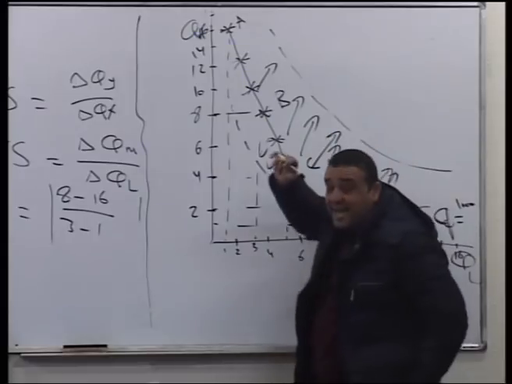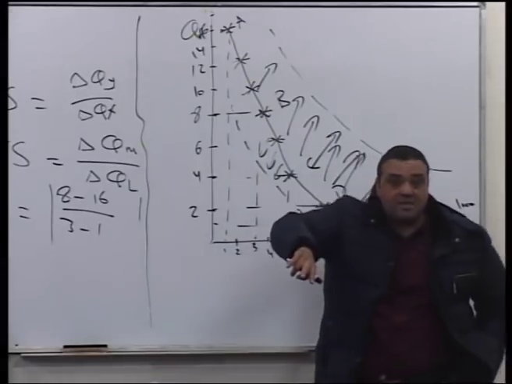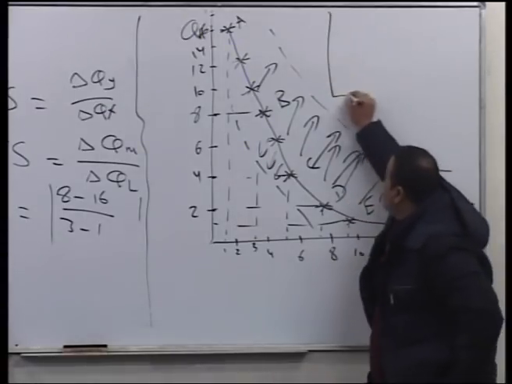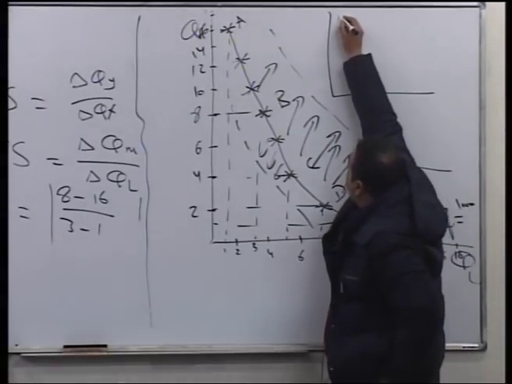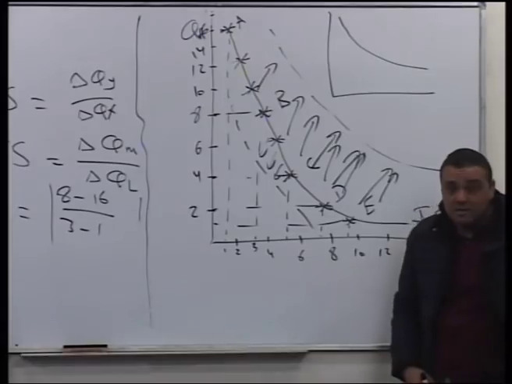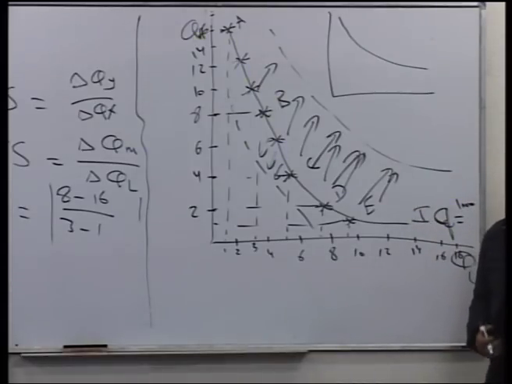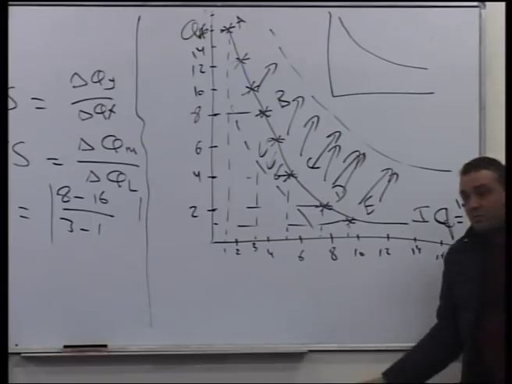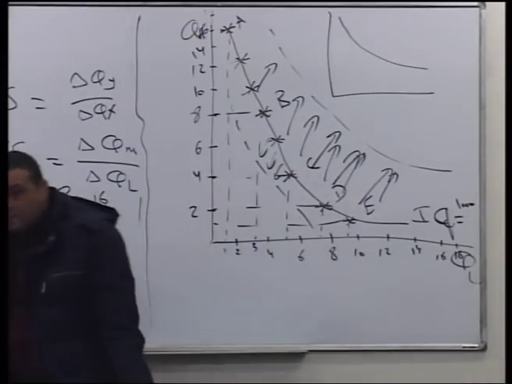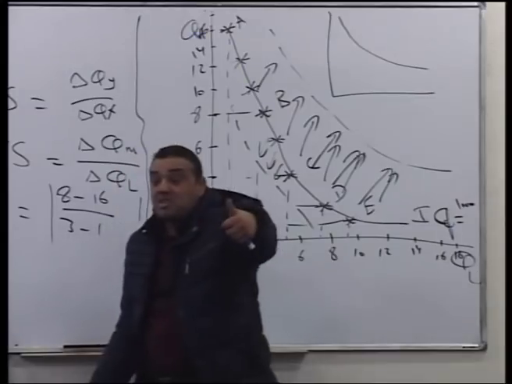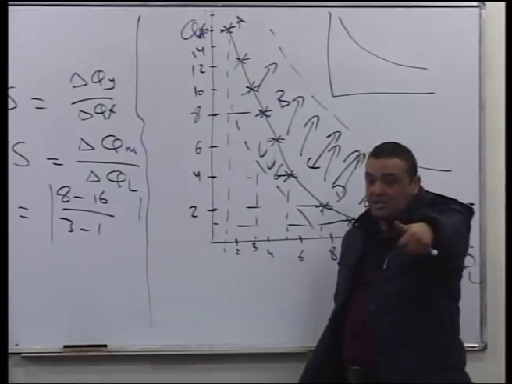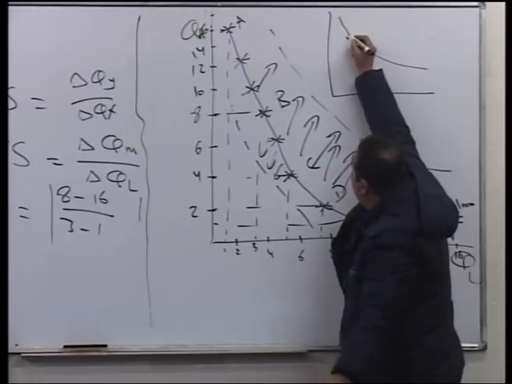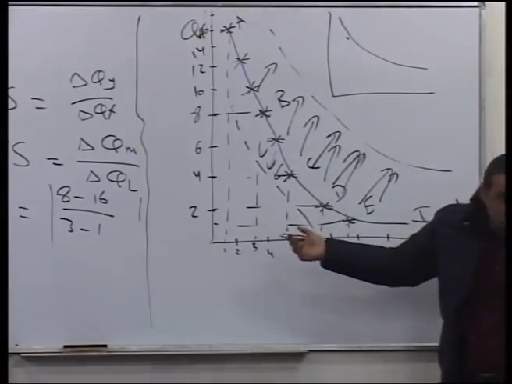And the second characteristic is that the isoquant curve has a negative slope, the same as the indifference curve. It is downward sloping. And the marginal rate of substitution is the slope of the IC or isoquant curve.